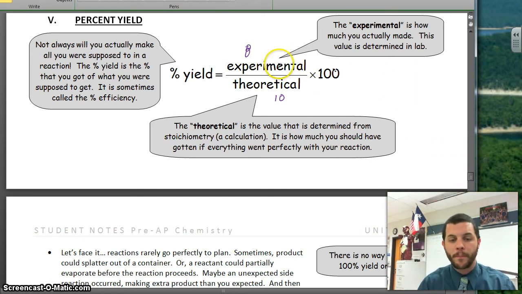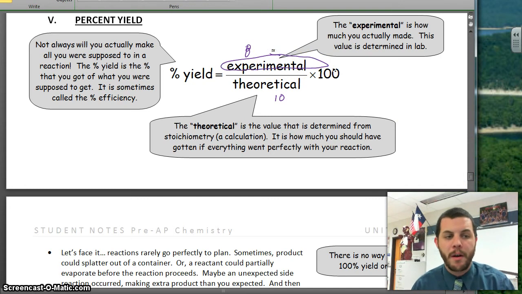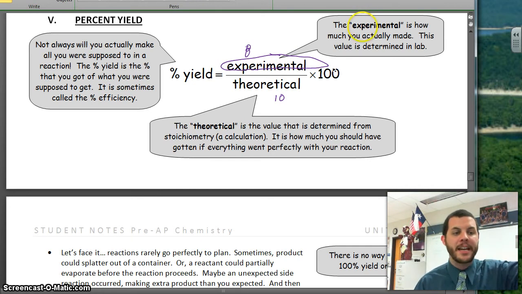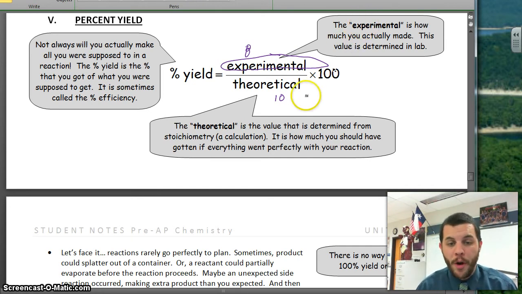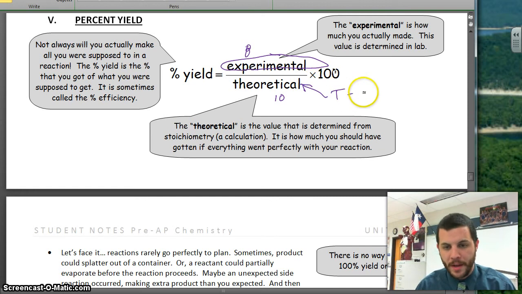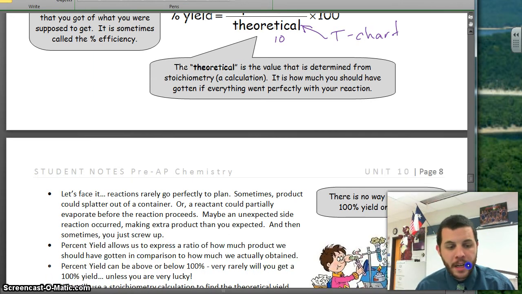The experimental yield is always going to come from the lab, something that you do in an experiment. The theoretical yield is always going to come from a calculation or a T-chart. Every time. Let's do some problems.